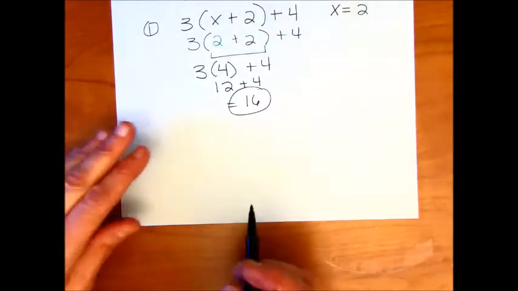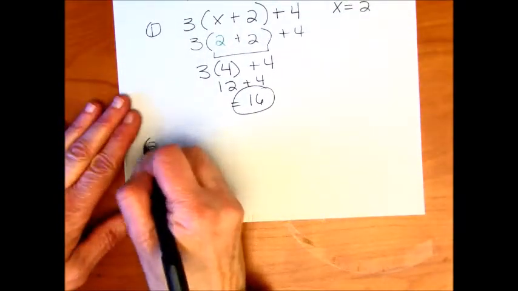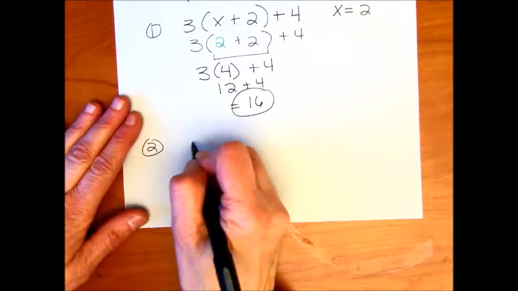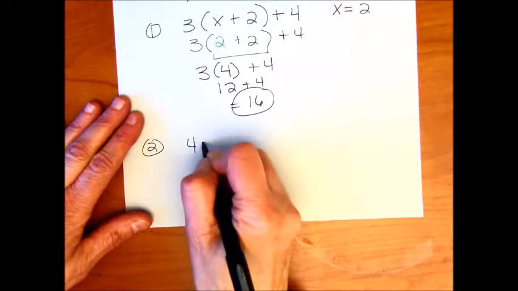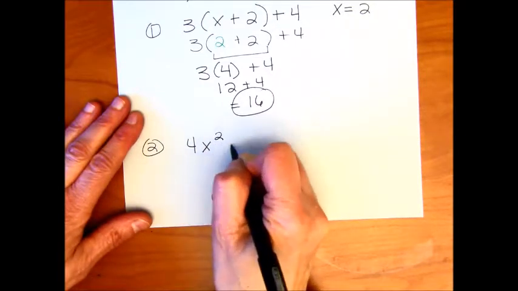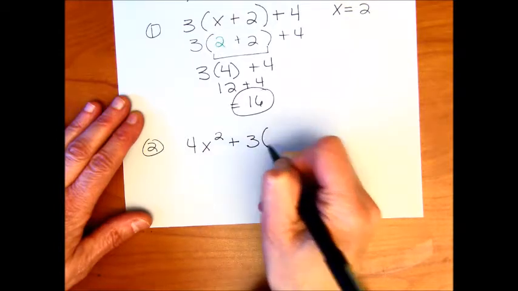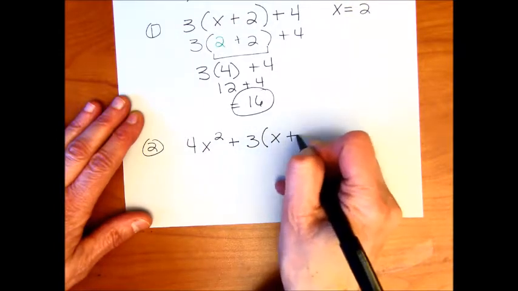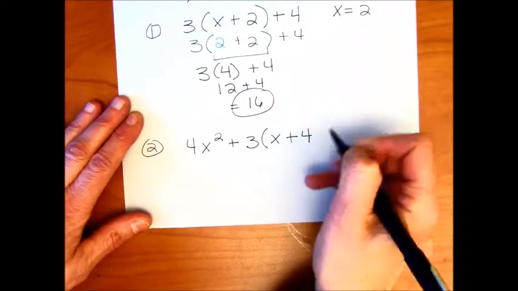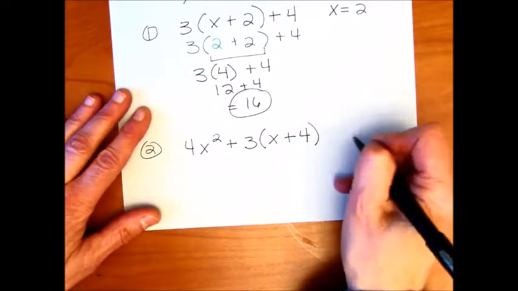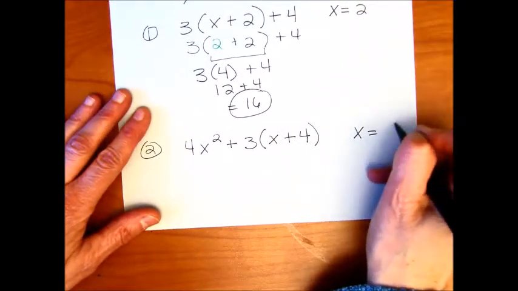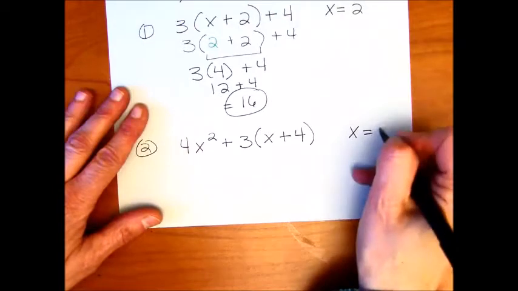Let's say we have 4x squared plus 3 times the quantity of x plus 4. And we're going to say that x equals, let's go with 5.